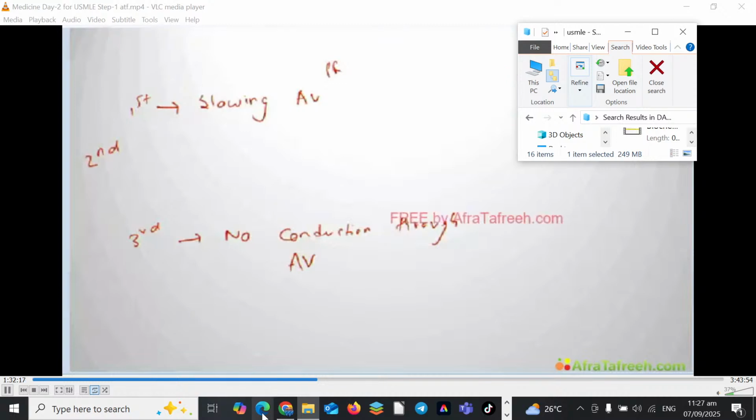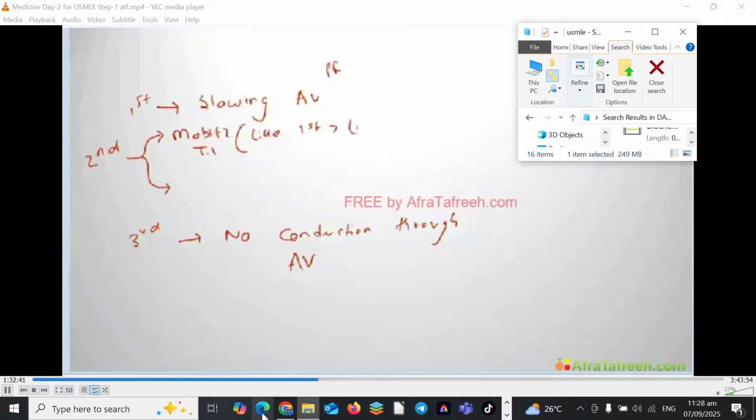So second degree is of two types. The first type of second degree heart block is called Mobitz type 1. Mobitz type 1 is more like first than like third.